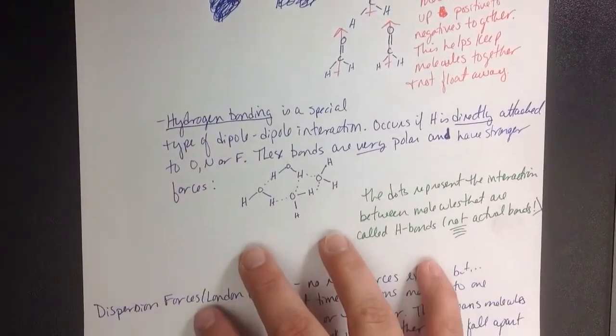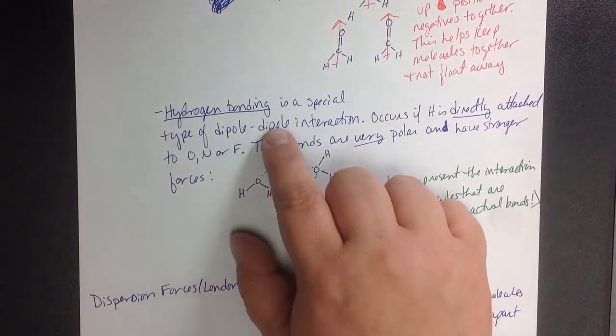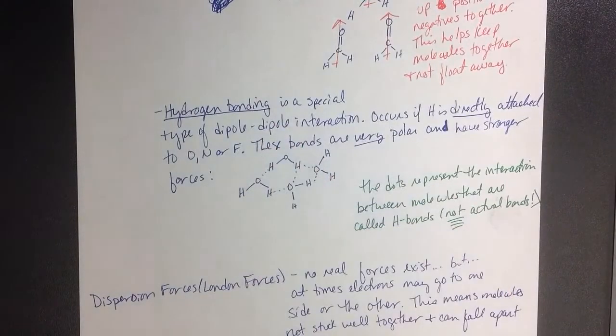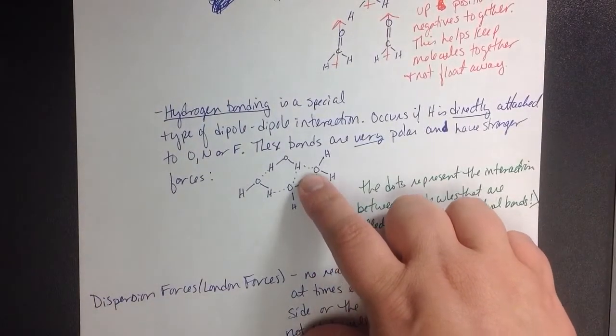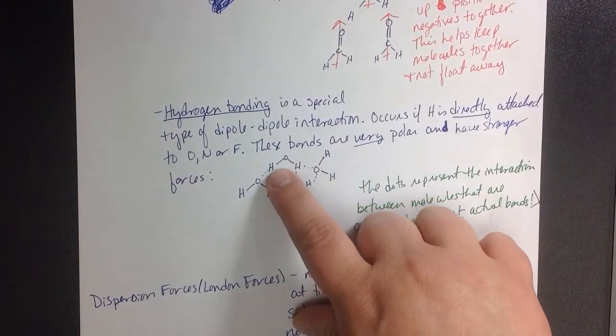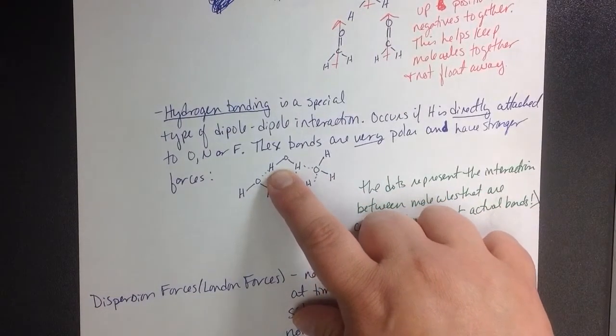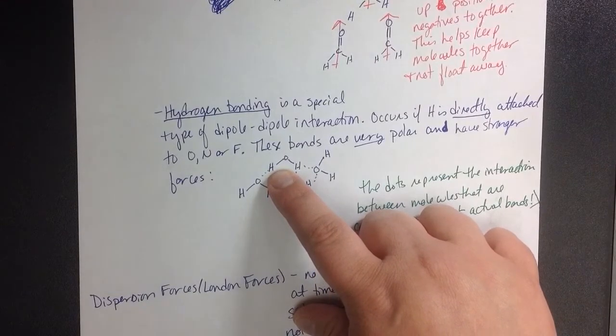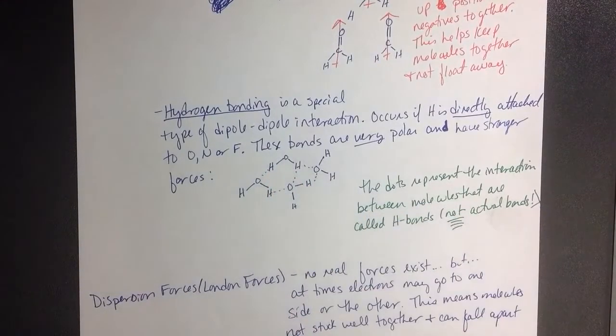Now, there's a special type of dipole bonding that's very important. Why? Because water's involved. And other things too. But hydrogen bonding is this special thing that happens when you have an oxygen, nitrogen, or fluorine attached to hydrogen.